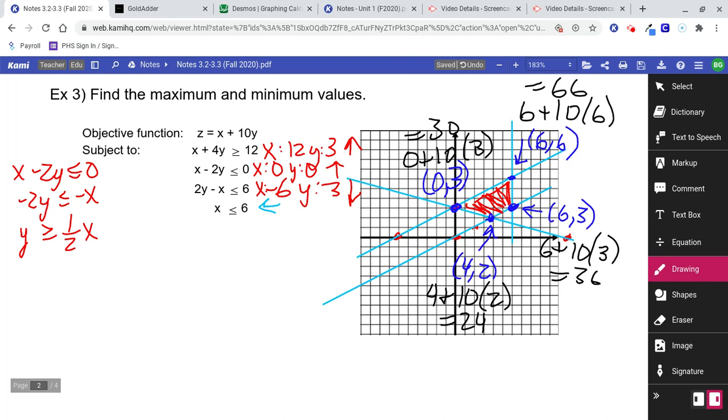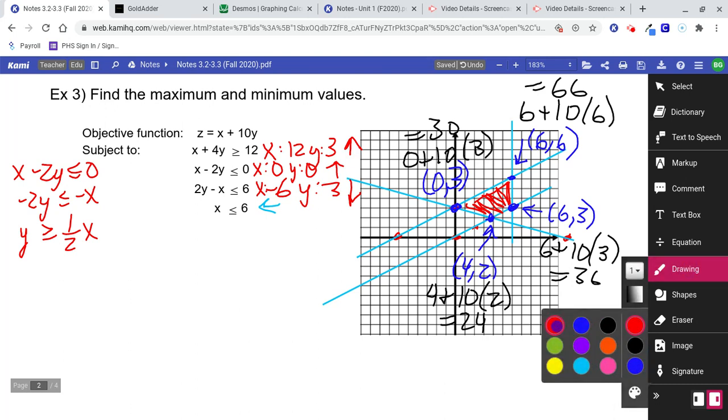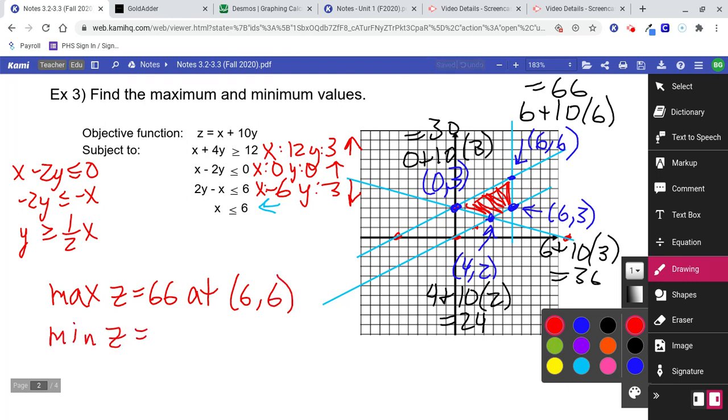So you look at those numbers. And the last part is you answer the question. Find the maximum and the minimum values. Well, it looks like the maximum z equals 66 at the point 6, 6. And the minimum z is 24 at the point 4, 2.